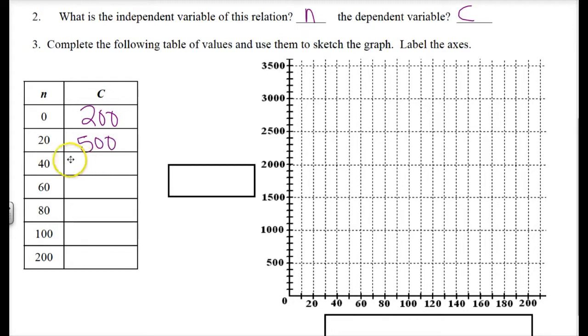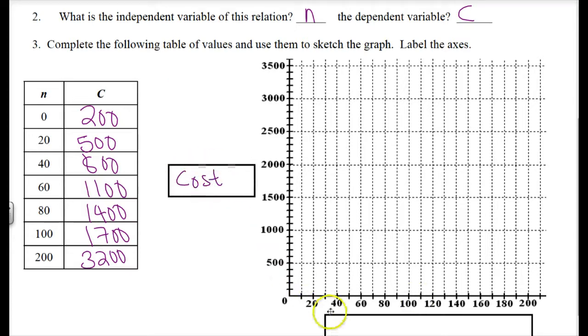I really need to go get a calculator. 15 times 40 is 600, and that'll be 800. 15 times 60 is 900, that'll be 1100. 15 times 80 is 1200, so that'll be 1400. That's 1500 plus 200 will be 1700, and that's 3200. And here we have our cost.